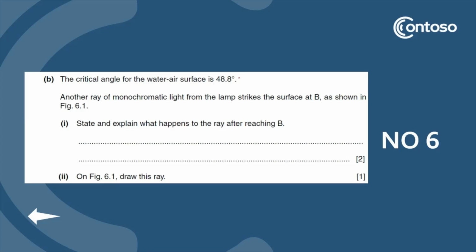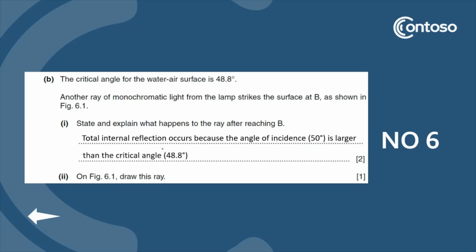So this is what will happen. Total internal reflection occurs because the angle of incidence, which is 50 degrees, is larger than the critical angle, which is 48.8 degrees.